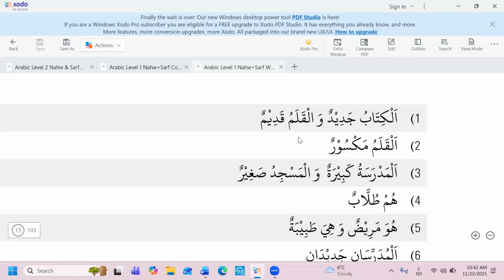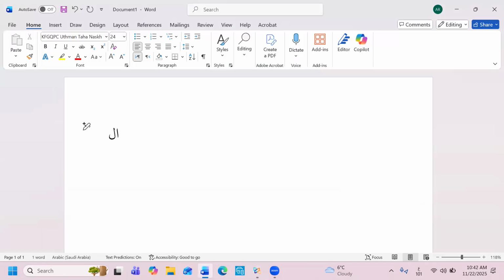Now, madrasa, anyone know the plural of madrasa? So madaris. Normally when you have a ta marbuta at the end, like sayyara, you just say sayyaratun. Some words you can't do that with. So the plural of al madrasa is al madaris.